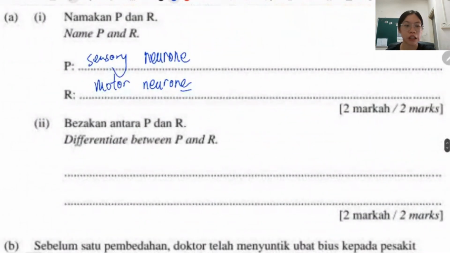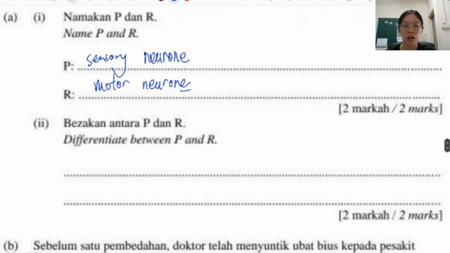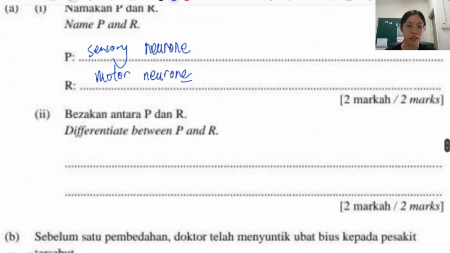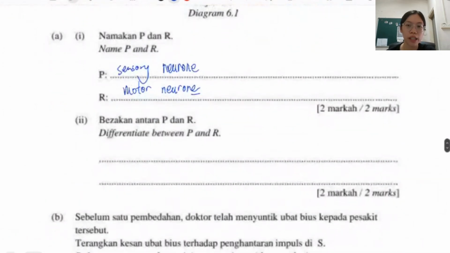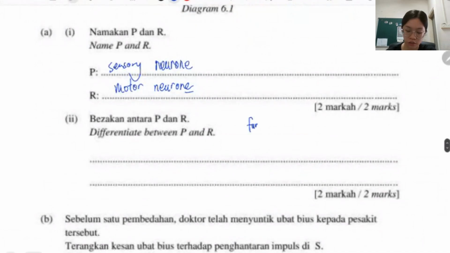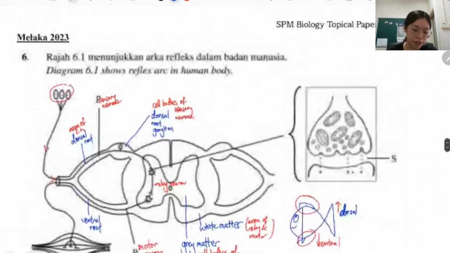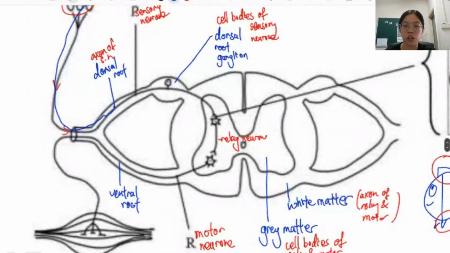And how are you going to differentiate between P and R? Basically P is sensory and R is a motor neuron. So you can talk about the function of the sensory neuron and motor neuron. Sensory neuron is the one that carries nerve impulses from the sensory organ, sensory receptor, to the central nervous system, which is your spinal cord or your brain.